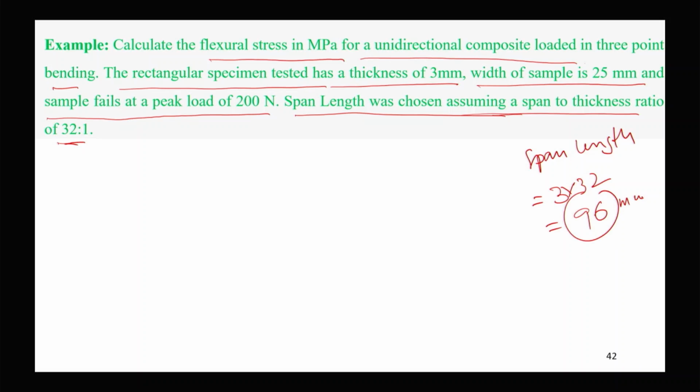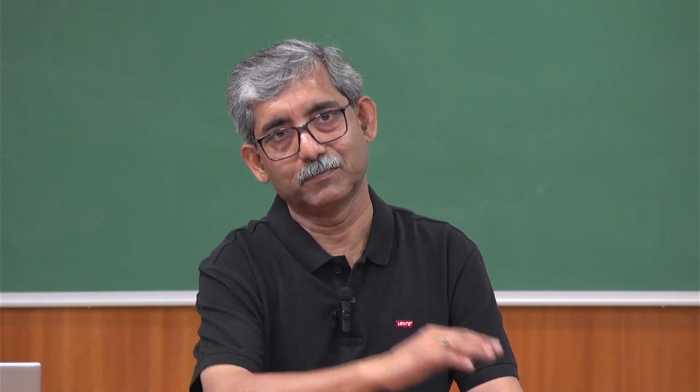This is the span length. Now here it's a 3-point bending. For 3-point bending, although we have not discussed it earlier, you can simply refer to the earlier course on composites.